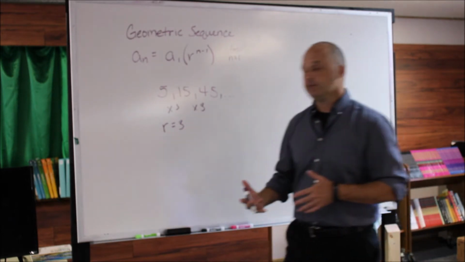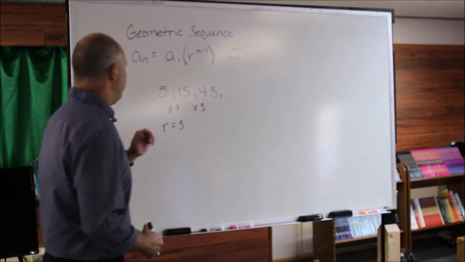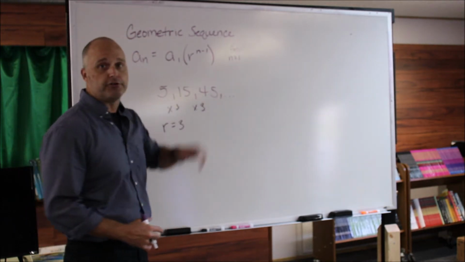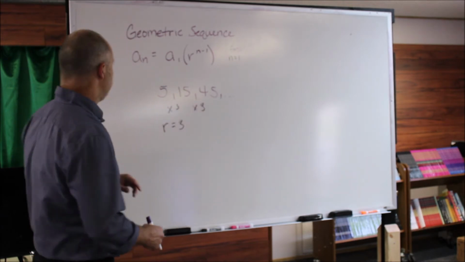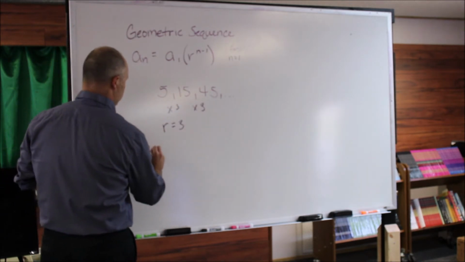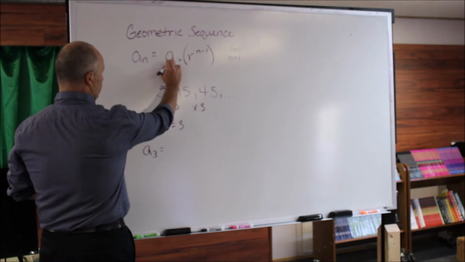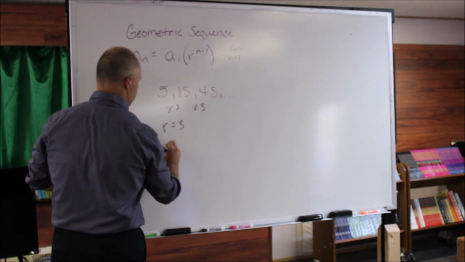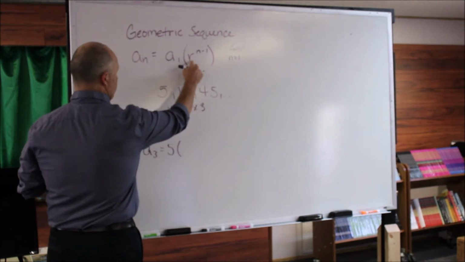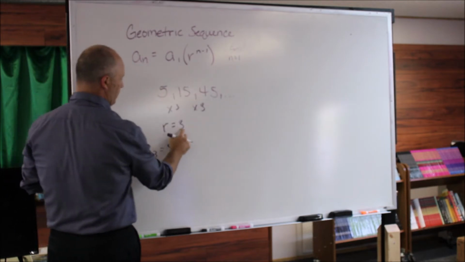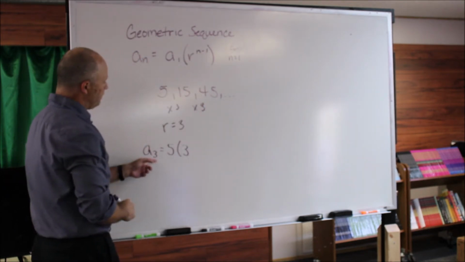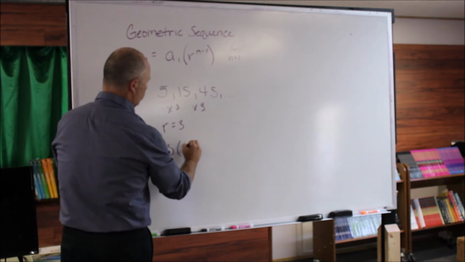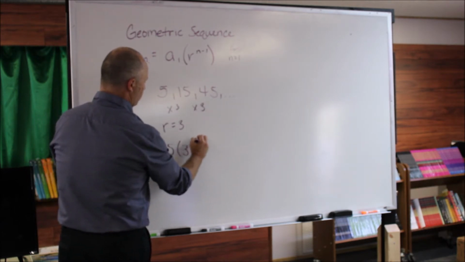So let's go ahead and put this into the explicit formula and see if we can find the third term in this sequence. We want it to be 45. So a sub 3 is equal to the first term, which is 5, times the common ratio, 3, to the n minus 1. n in this case is 3 because we're looking for the third term, so 3 minus 1.